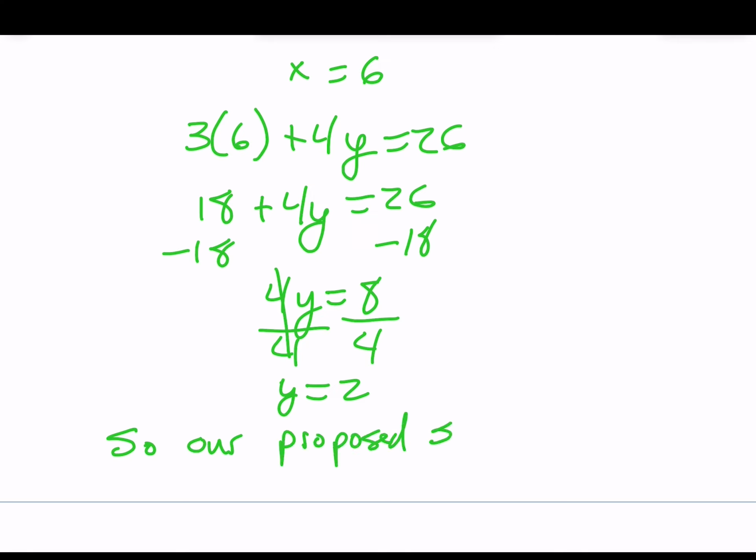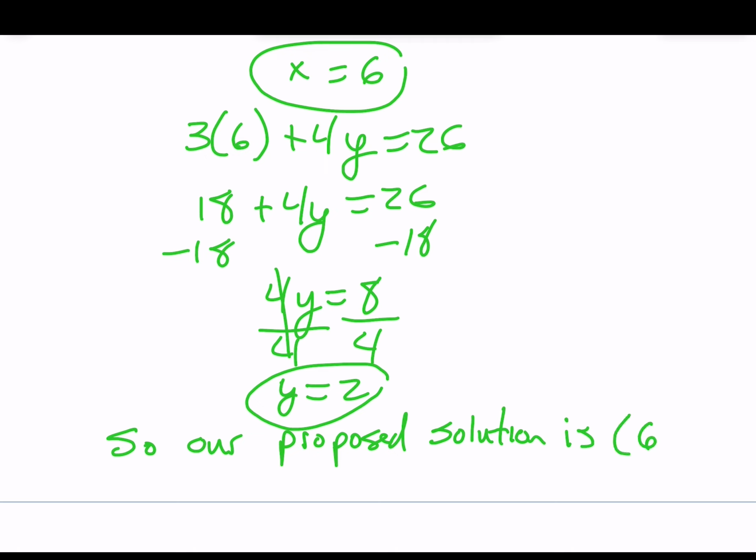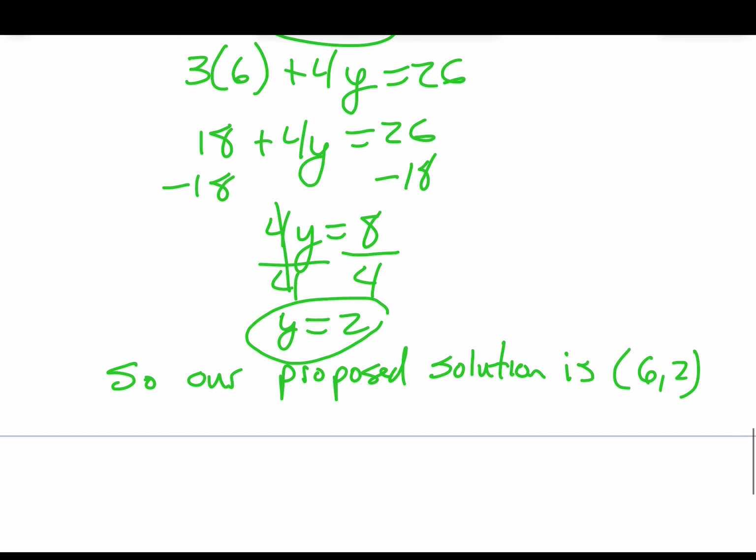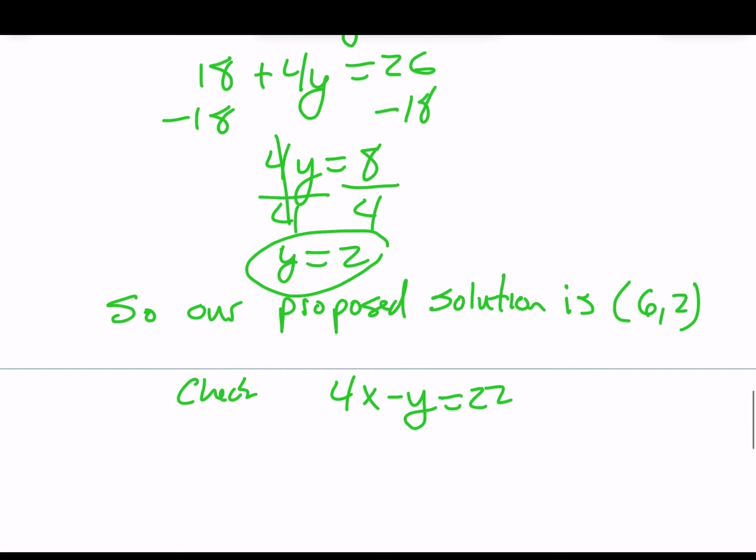So our proposed solution is the point x equals 6, y equals 2, so the point 6, 2. And so we want to check it in the other original equation, which is 4x minus y equals 22.